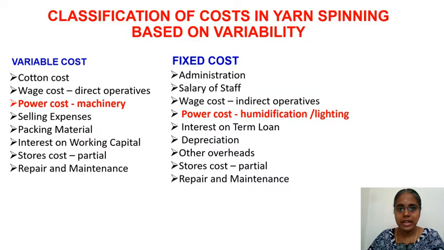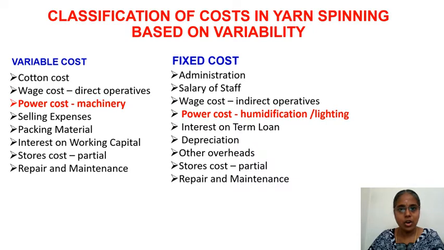So, going to the classification of the costs in a yarn spinning mill based on variability, we see that power cost is a variable cost. When you account for the cost of the machinery, the power consumed by the machinery is variable.